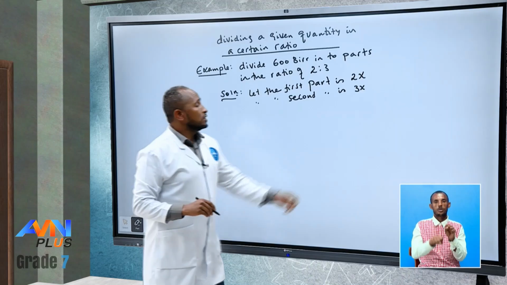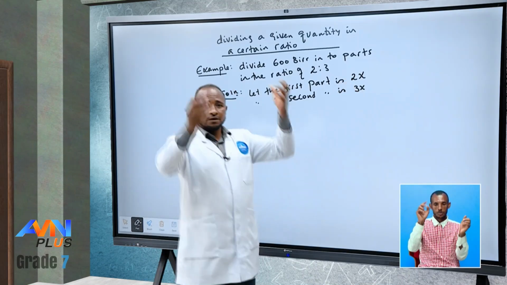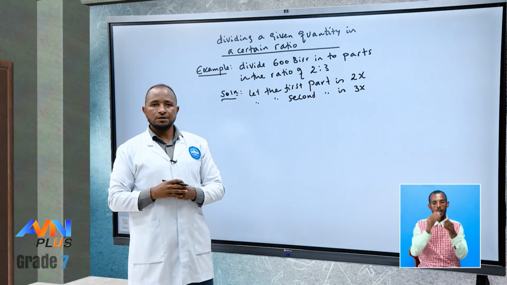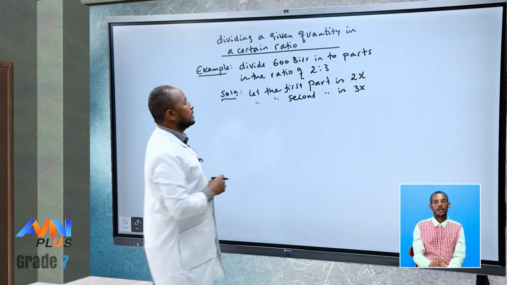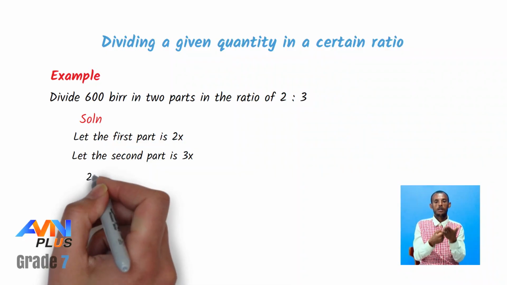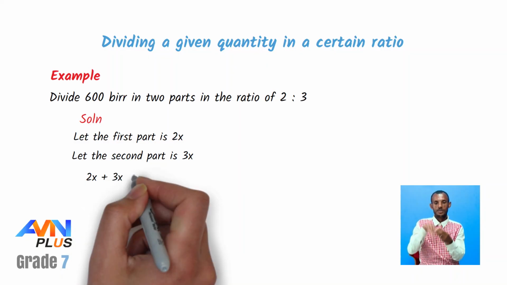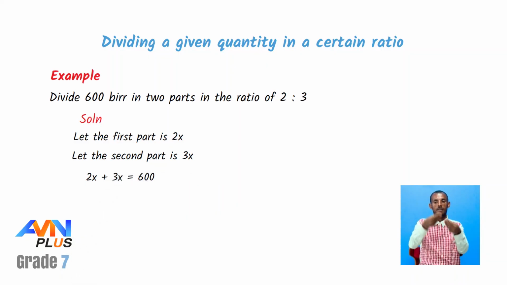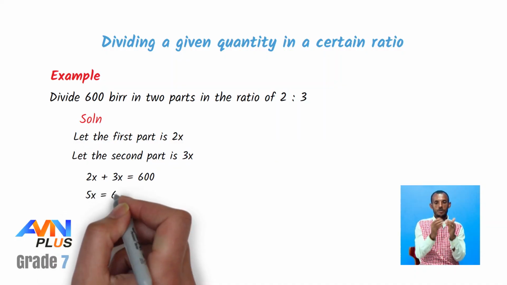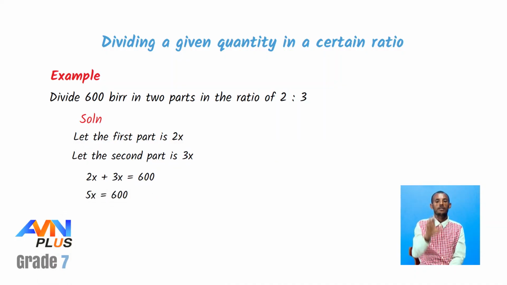So these two together give the total amount 600. Therefore, 2x plus 3x gives you 600. When you add these two, you have 5x equal to 600. Divide both by 5.